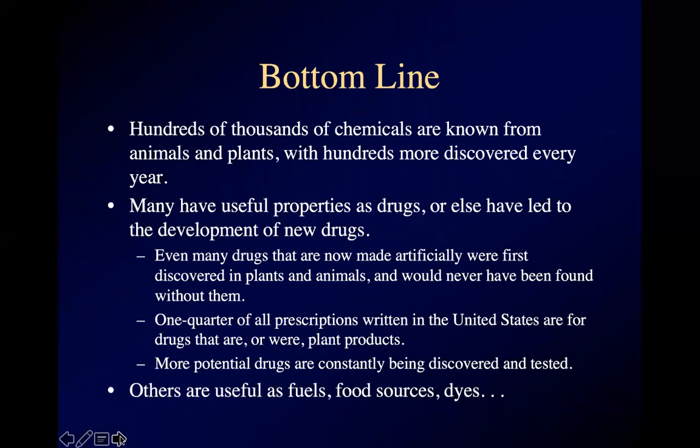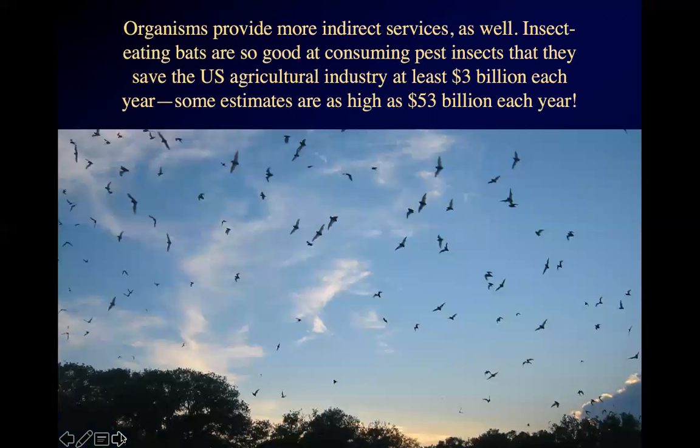Everything from the anti-rejection drugs that make organ transplants possible to aspirin and Sudafed are derived from living things. And we're always finding more. There's other compounds that are useful as sources of fuel, sources of food, dyes, natural products like rubber. We're using a ridiculous amount of biological diversity.